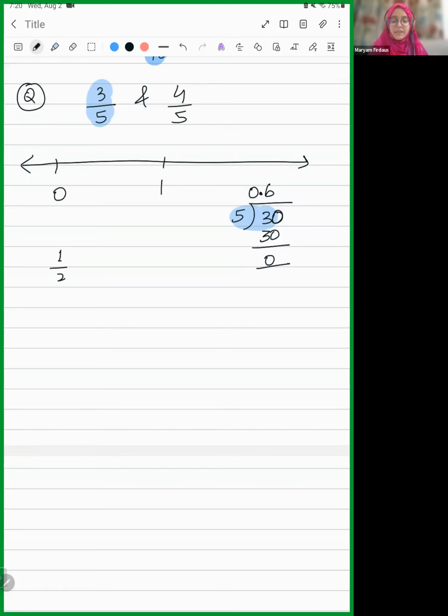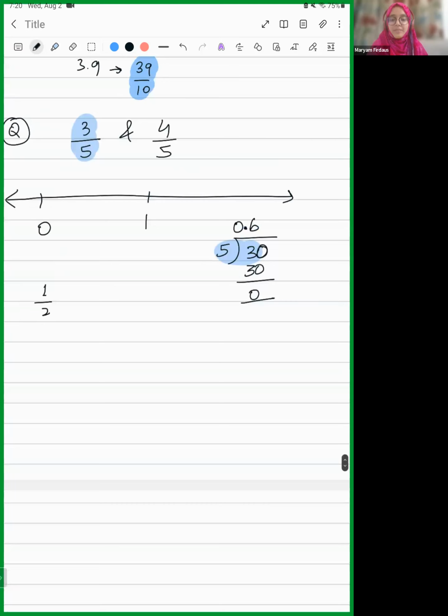Are you understanding this? So 4 by 5, what does it mean? There are two things you need to understand here. First, 4 by 5 means that if you have a pizza and you divide it into 5 parts, then each part is going to be 1 by 5.